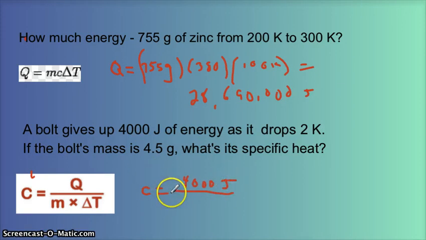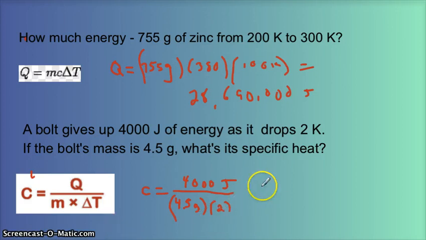So what would be the M? Mass is 4.5 grams. And it drops, change of temperature is 2 Kelvin. Remember, it can stay Kelvin. It doesn't have to be Celsius as long as it sticks with Kelvin.